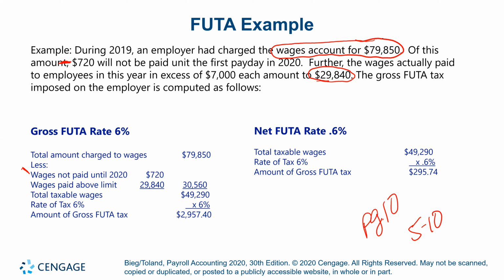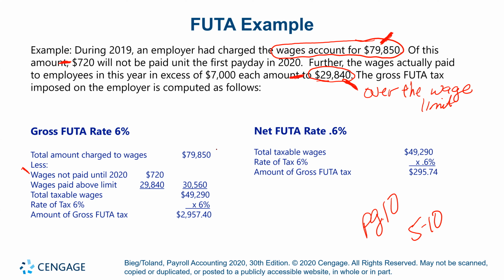So again, of this $79,850, $29,840 were over the wage limit. We're going to have to subtract those out too. That's what it's showing us down here.